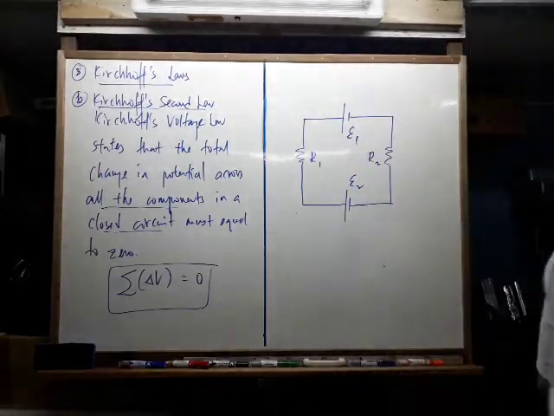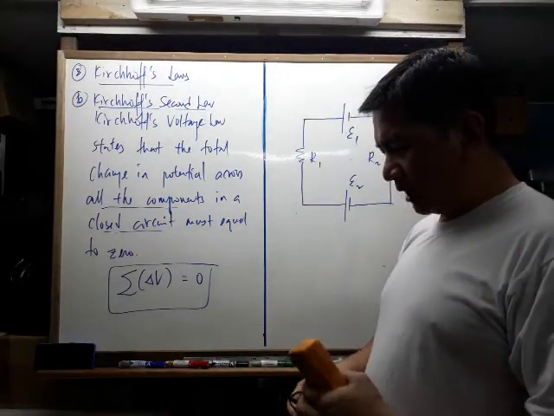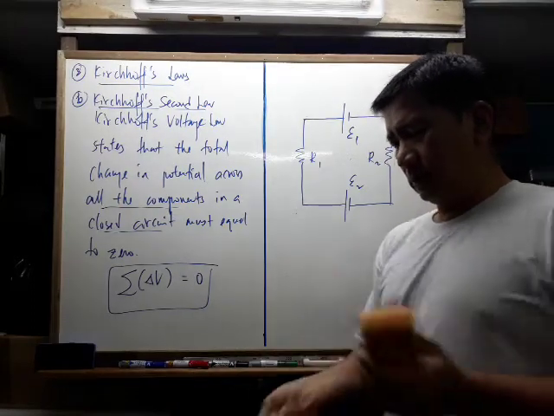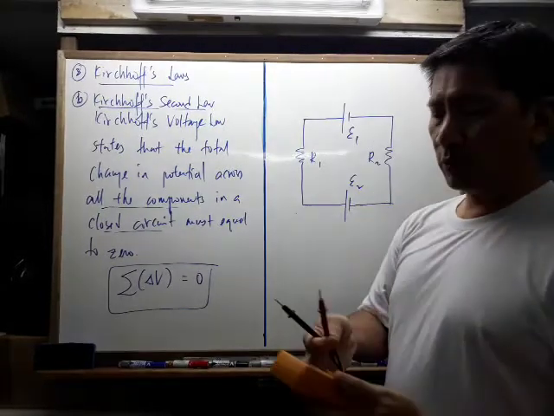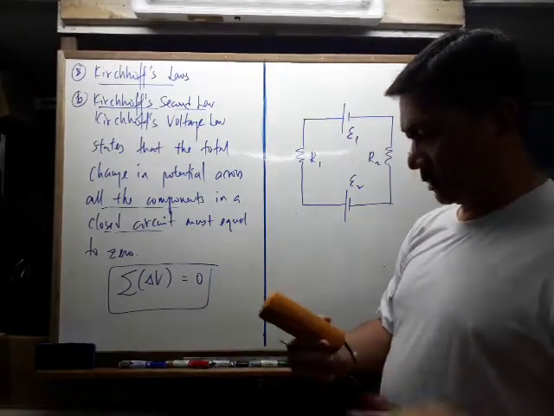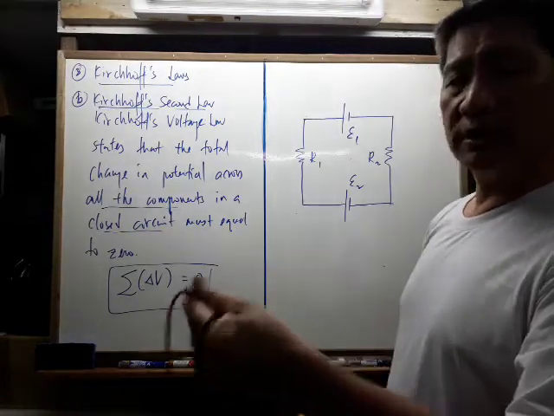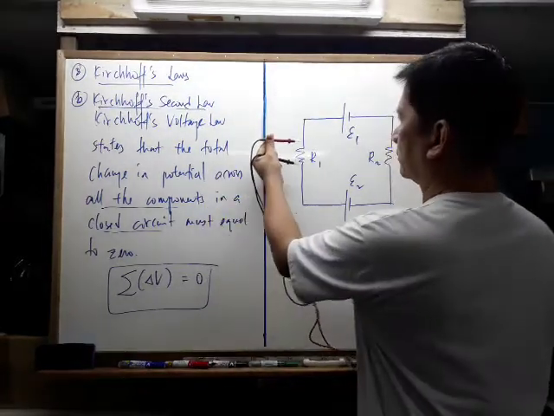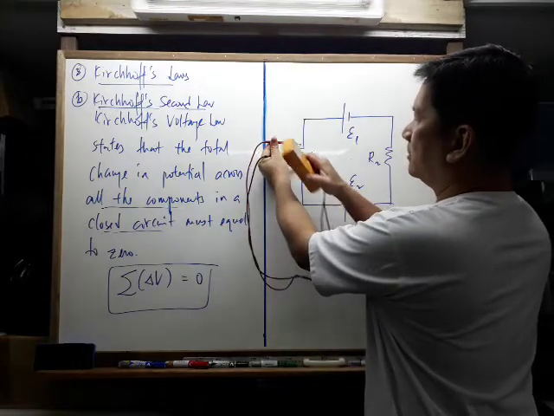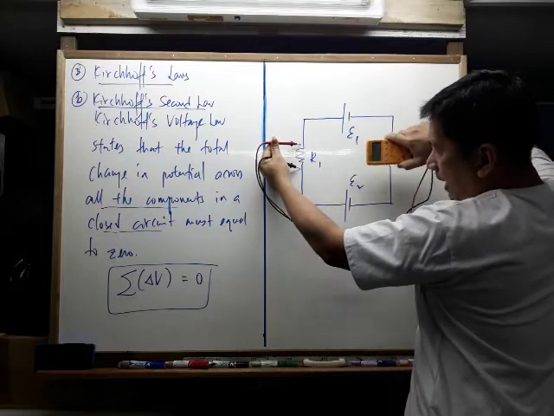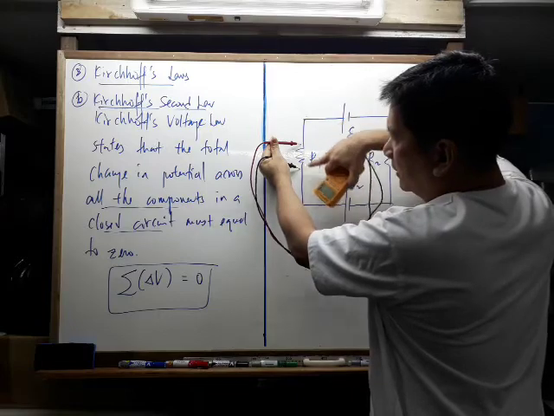But the question is, how are we going to measure the voltage change? Let's say this is our voltmeter. Your voltmeter has 2 electrodes, the red one and the black one. This one is the positive terminal, this one is the negative terminal. When you measure the voltage across each component, the way you measure must be consistent. Let's say we start with this one, our first resistor. If you are standing inside looking outside at the measurement, your positive terminal is here, the negative terminal is there.